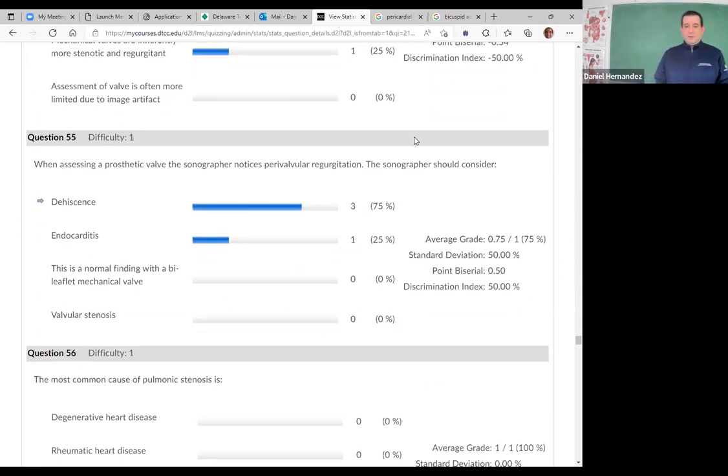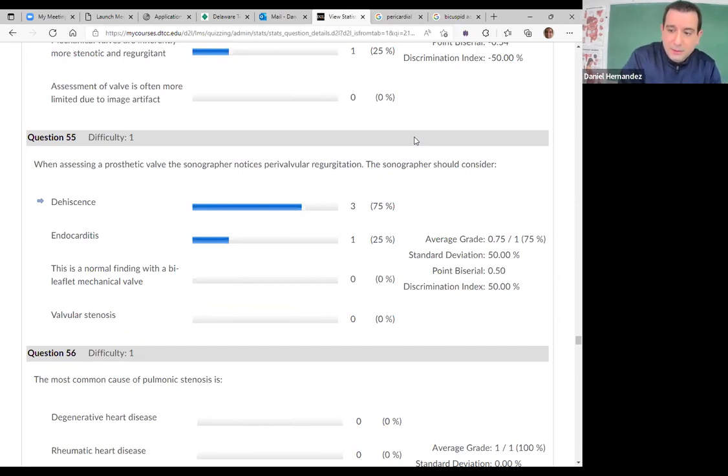When assessing a prosthetic valve, a sonographer notices perivalvular regurgitation. The main thing you should be concerned about at this point is dehiscence, or that separation of the valve from the annulus where it's sewn in.